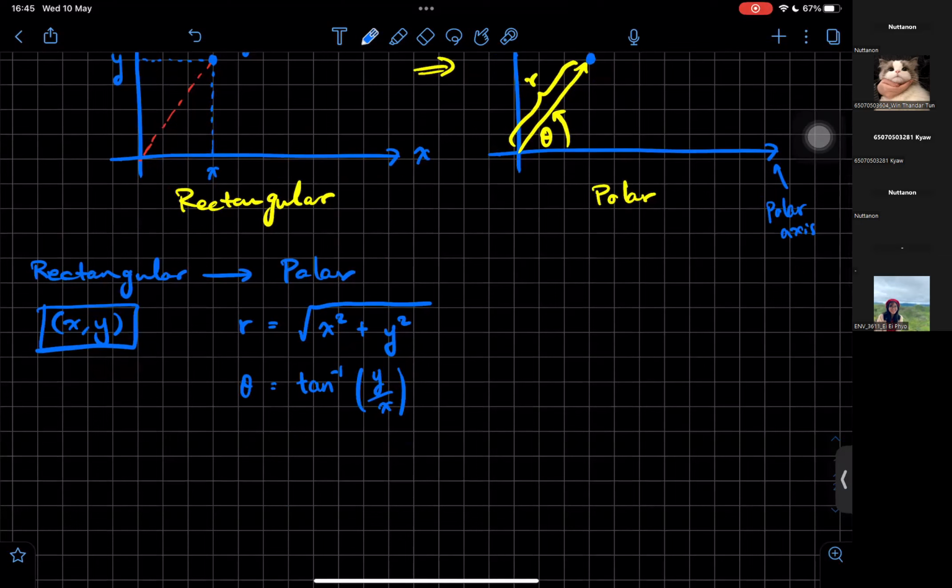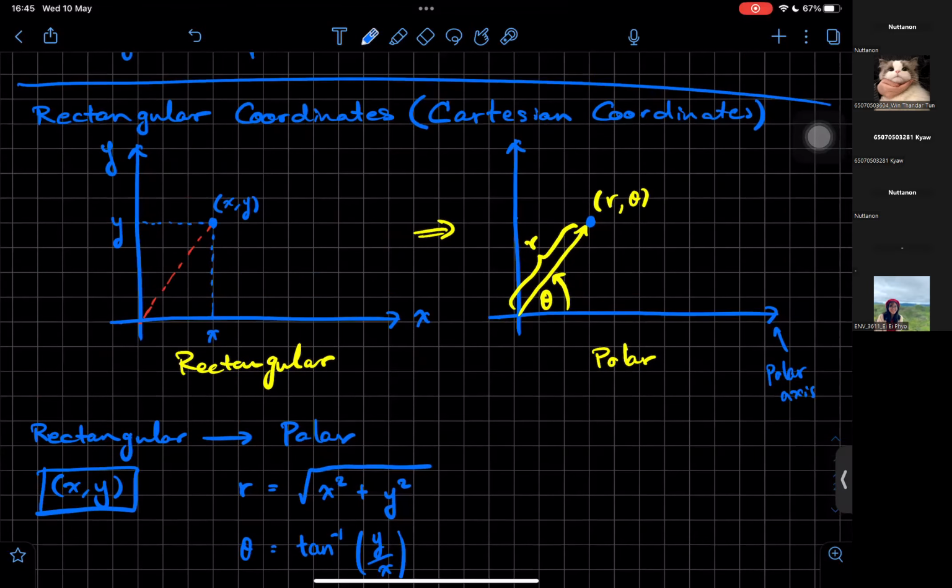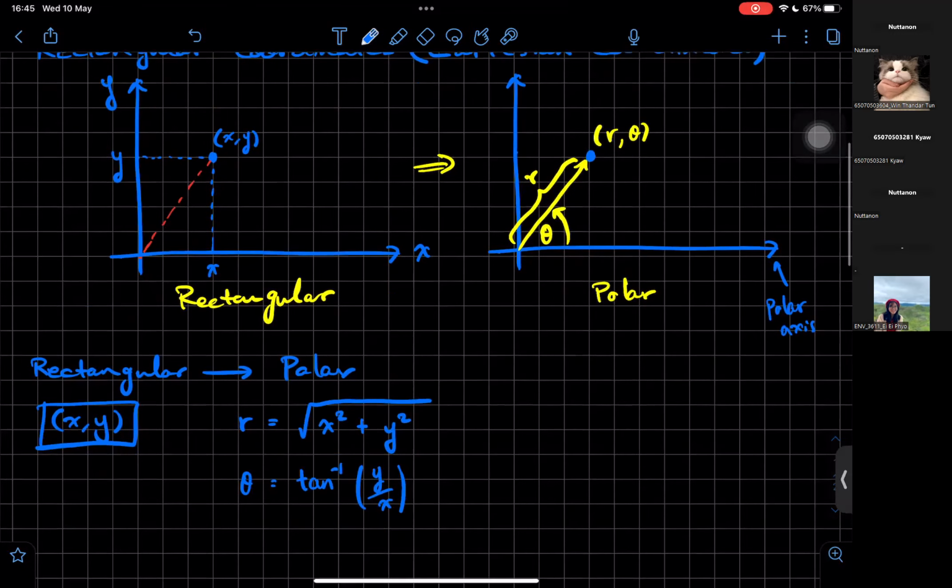Okay, so this is how you change from the rectangular coordinate to polar coordinate. Okay, but it's not all, because as you can see from here, this is one way to represent the polar coordinates, right? I will just use the same picture.